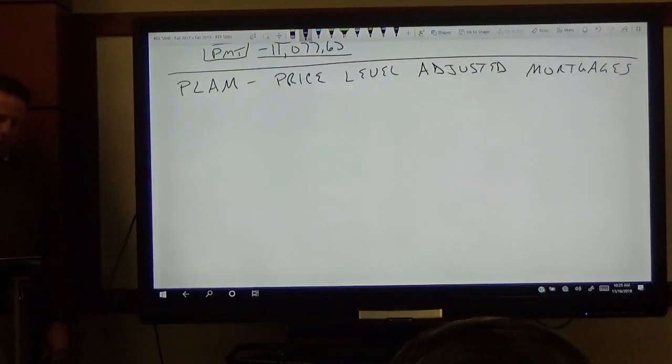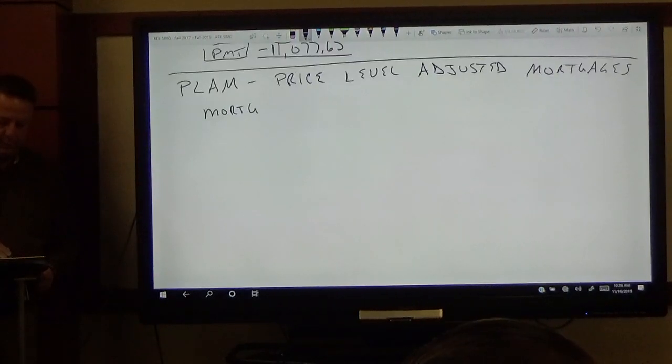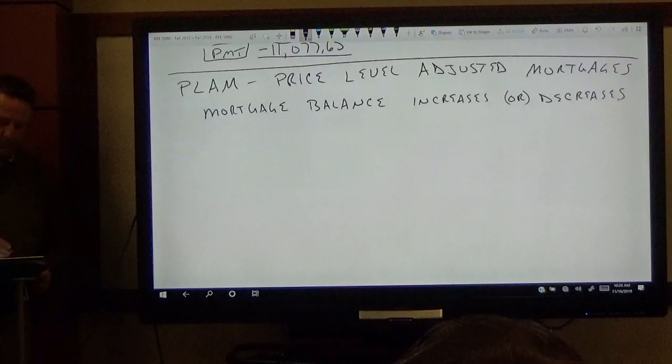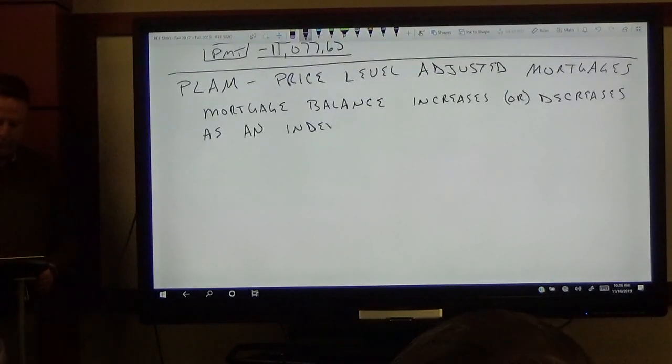All right. Price level adjusted mortgages. Basically, your mortgage balance increases or decreases as an index increases or decreases.